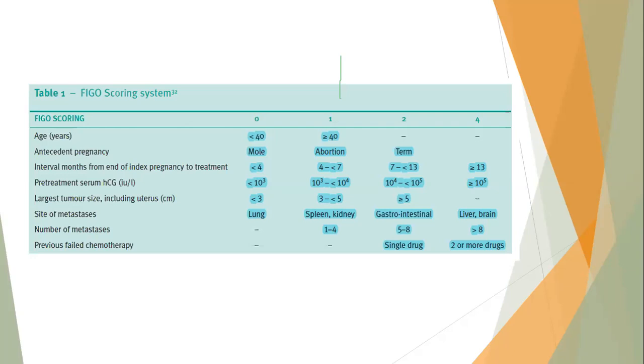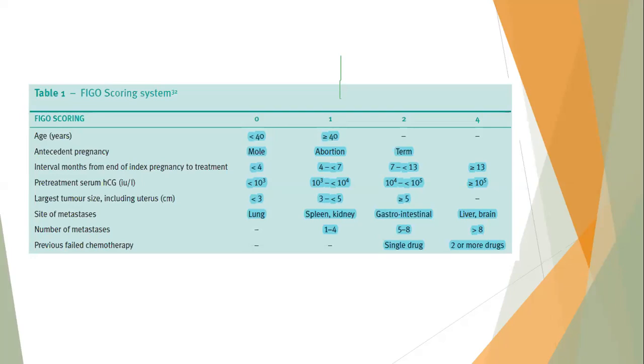And pre-treatment serum beta HCG less than 1,000, 1,000 to 10,000, 10,000 to 100,000, or more than 100,000. Largest tumor size, including uterus, less than 3, 3 to 5, more than 5.